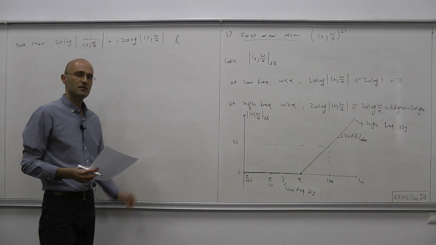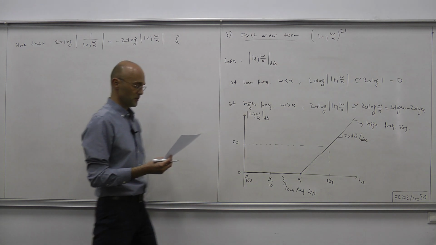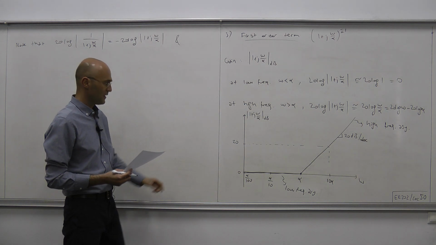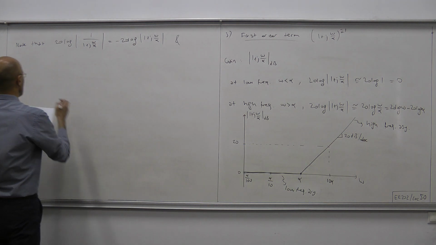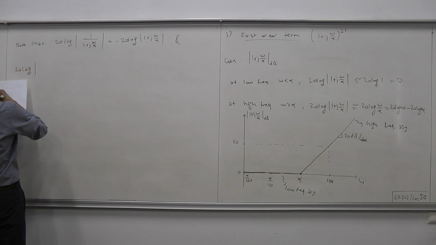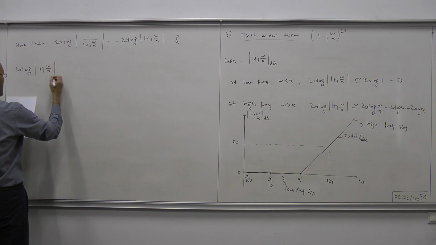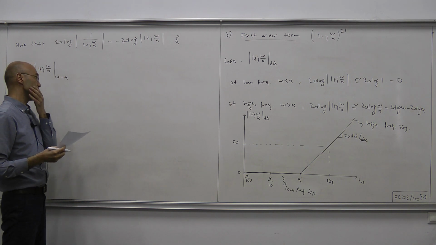Now let's figure out the actual gain for that frequency, and that's the farthest the actual curve is from the asymptotes. So let's compute 20 log of the magnitude of 1 plus j omega over alpha at omega equals alpha.